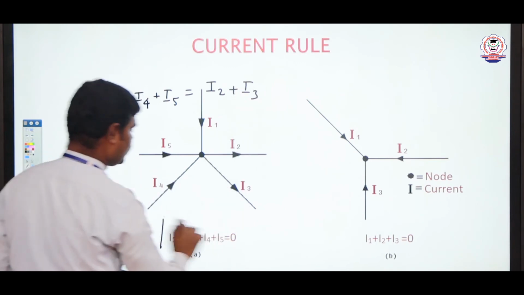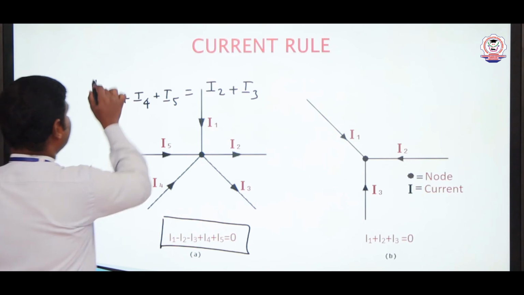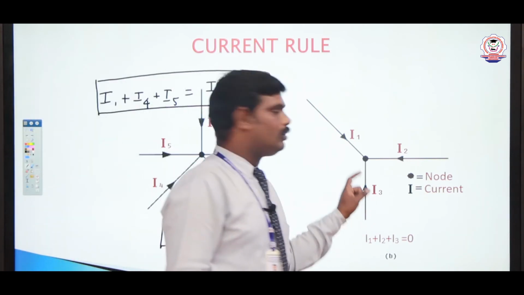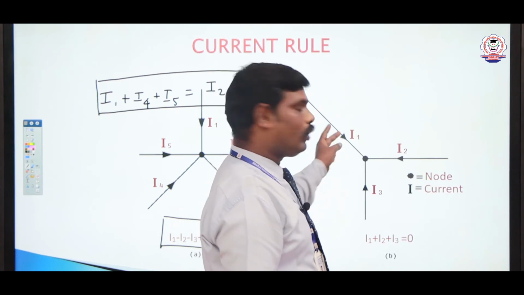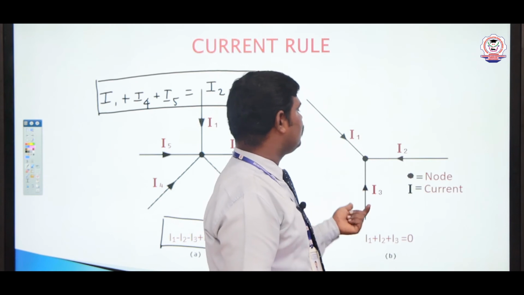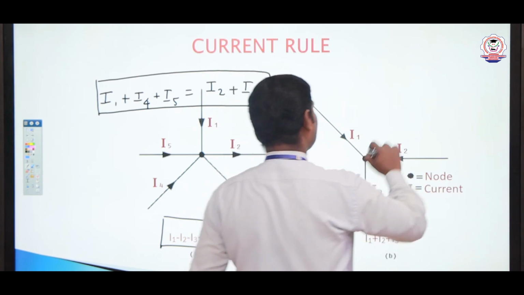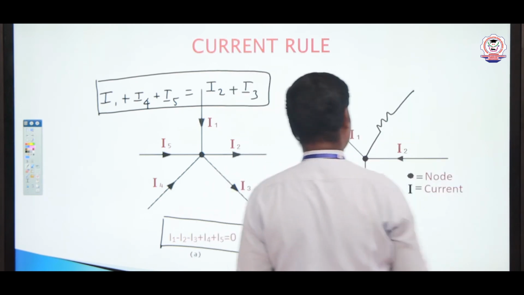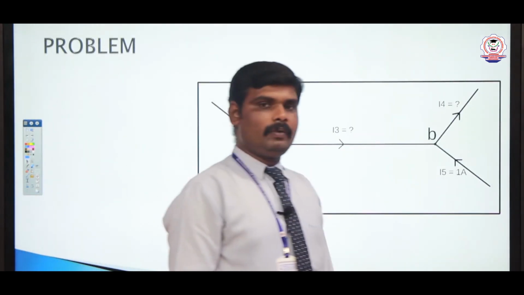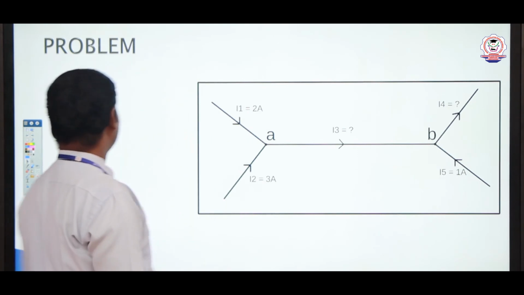So, this equation we can write like this. Okay. Right. One more circuit is also given here, with only 3 currents, but 2 or more currents are meeting at the junction, and one more current is leaving this junction. Next, based on the first rule, we will see one small problem.